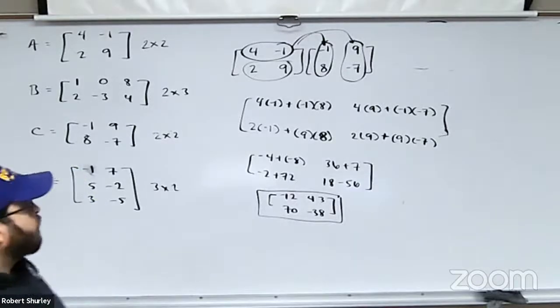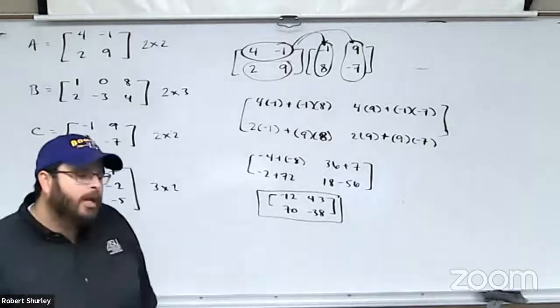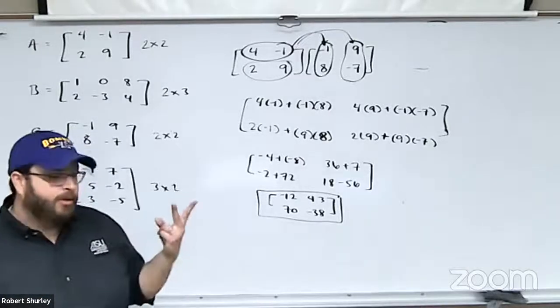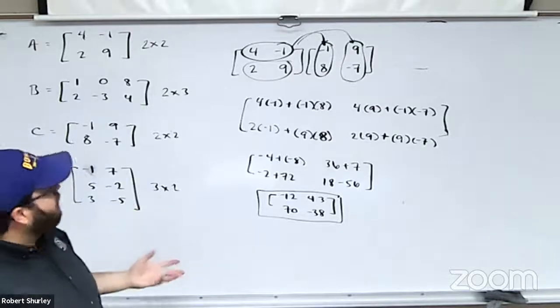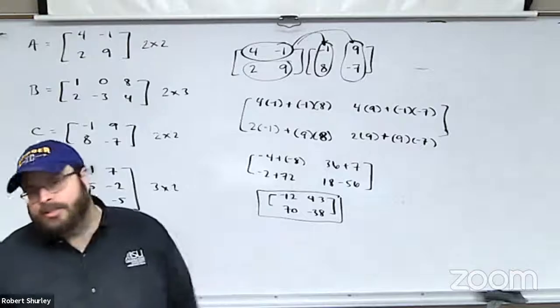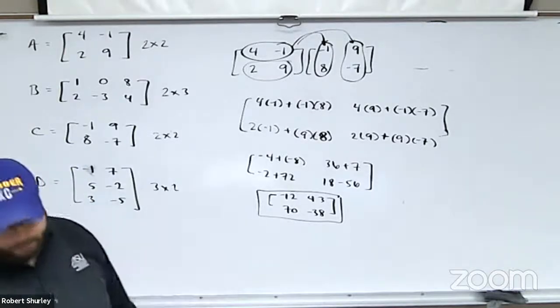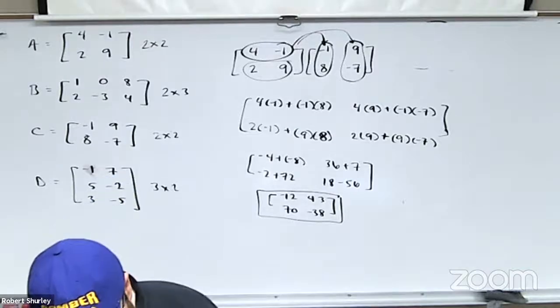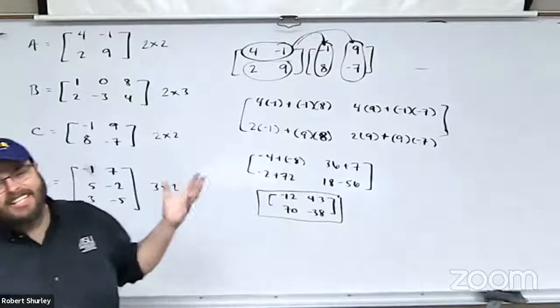Okay. Hopefully that makes a little sense. And I'm telling you, if it's not making sense, you can watch this example again, watch the previous example again. There are a ton of examples on YouTube on how to multiply two matrices together. There's a lot of resources out there for that. I go over the marinara, the cheese stick example.